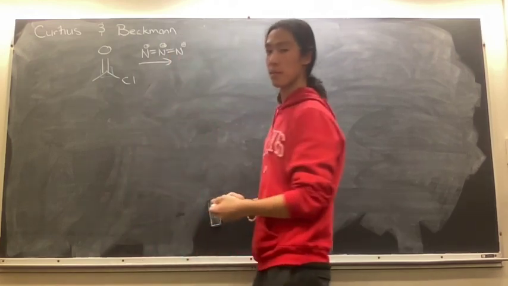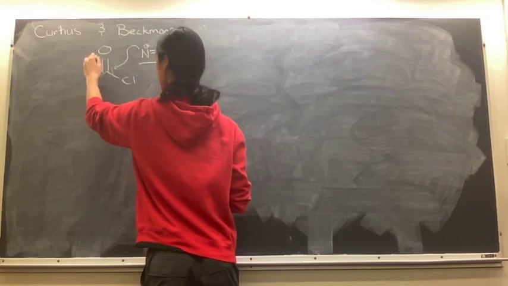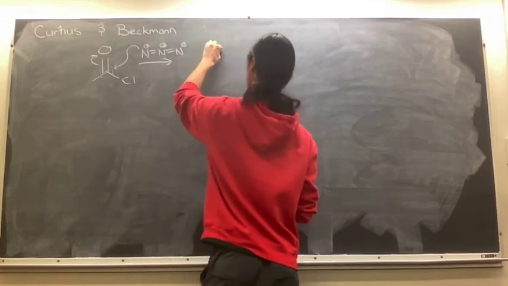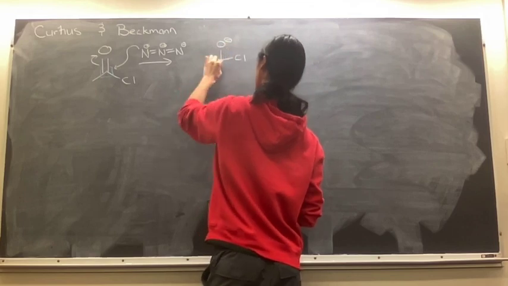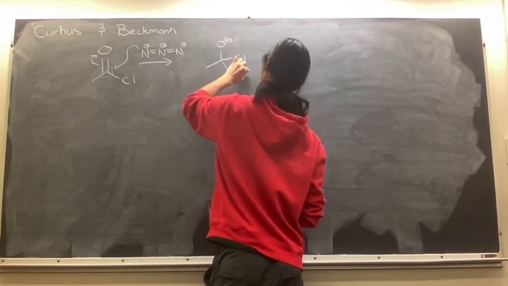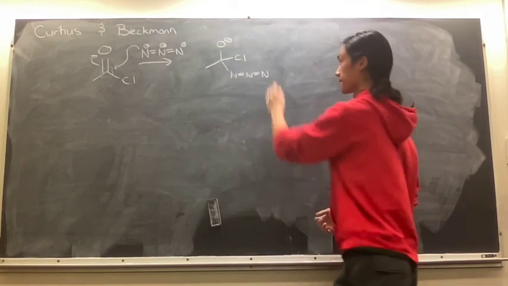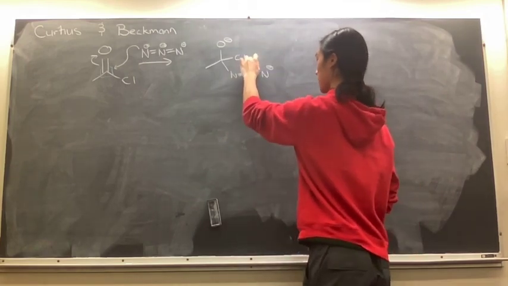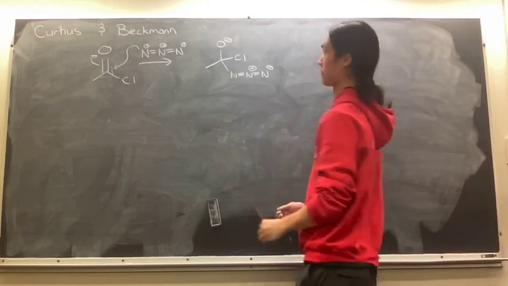And basically, the first step is, as usual, we're going to have a nucleophilic attack. As I just said, chlorine's a good leaving group, so we're going to kick it out.